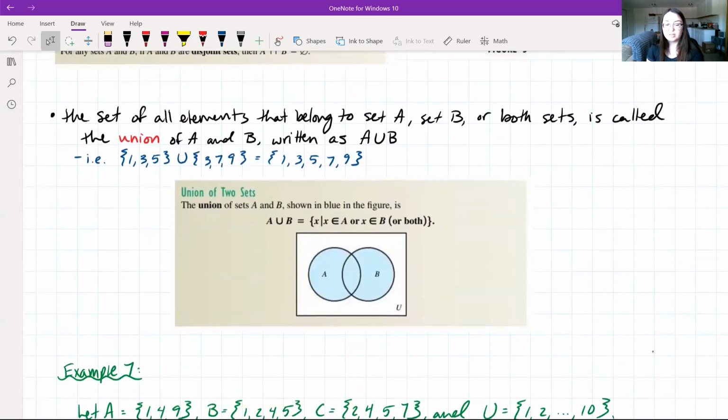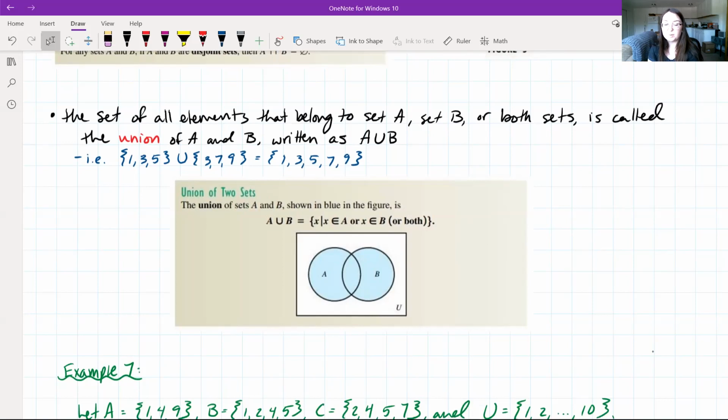Then we have that the set of all elements that belong to set A, set B, or both sets is called the union of A and B, written as A, what looks like a U, B. So as an example, we have two sets, the set of 1, 3, and 5, and we want to find the union between 1, 3, and 5, and 3, 7, and 9.